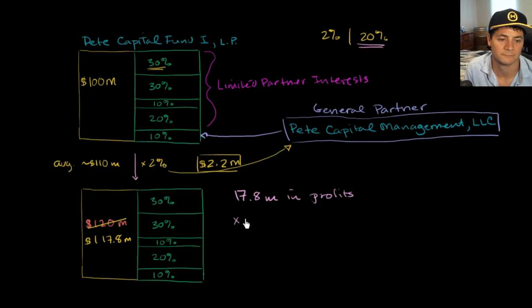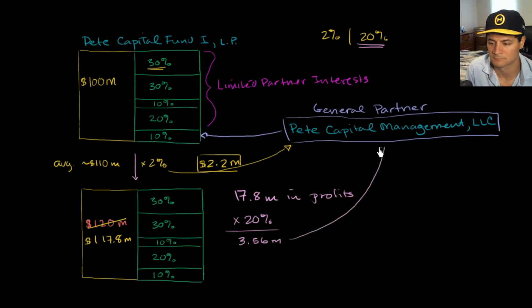So let's multiply that times 20%. And what does that give us? That gives us 3.56 million. So 3.56 million will also go to Pete Capital Management.